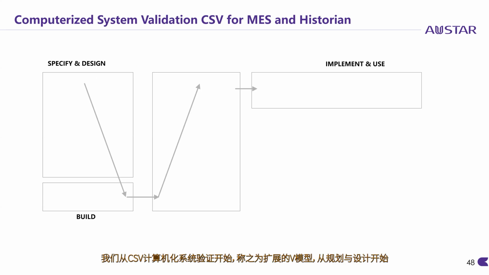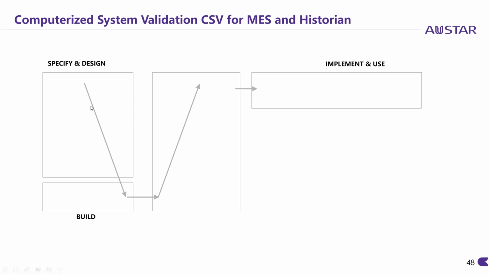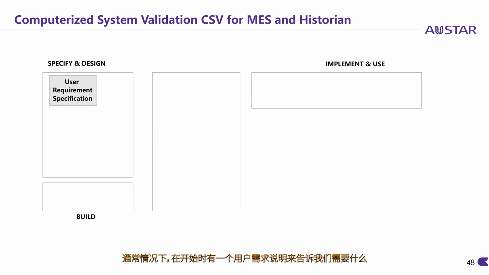We start with CSV, computerized systems validation, with something we call the extended V model. So this should be our letter V and extension. So we start with specify and design. Normally, we have a user requirement specification at the start to tell us what do we need.